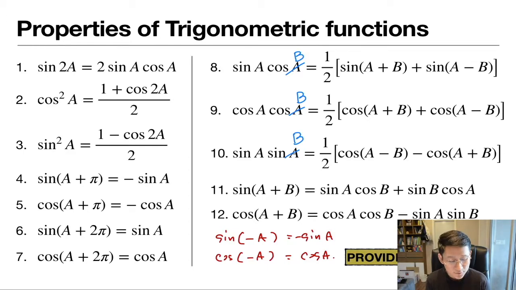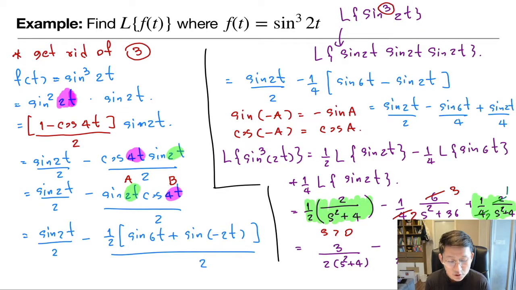Because for example, if you want to find the Laplace transform for sine cubed of 2t, there is no such formula for sine cubed, right? We don't have that formula. We have the Laplace transform for sine, so you somehow need to get rid of the exponent 3.